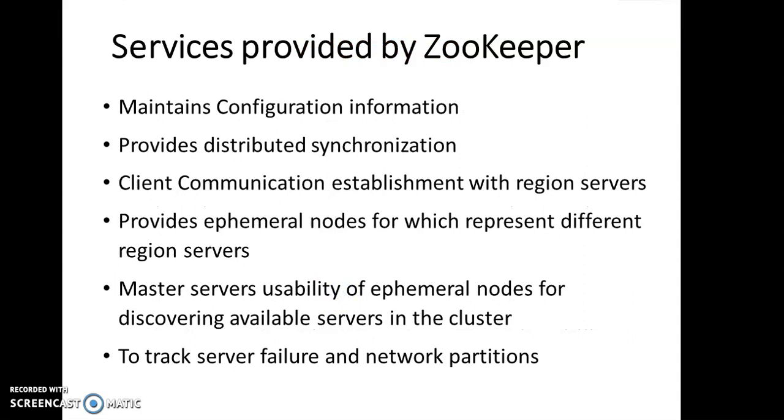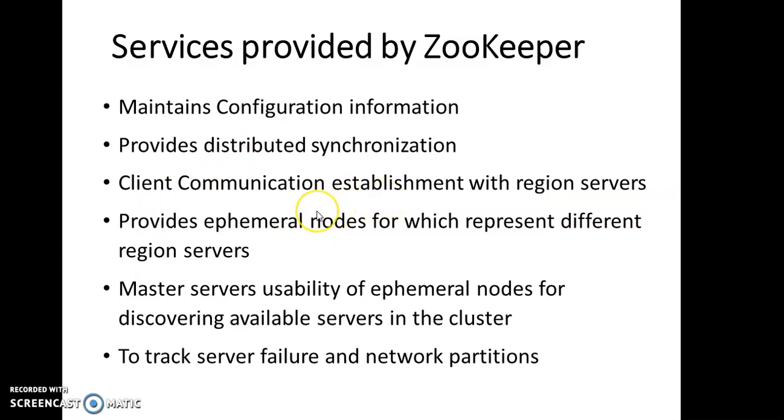Next are the services provided by ZooKeeper. ZooKeeper is an open source project. It provides many important services. The first one is maintaining configuration information, as already mentioned, mainly used for configuration between the distributed clients. It also provides distributed synchronization. Then it establishes client communication with region servers.